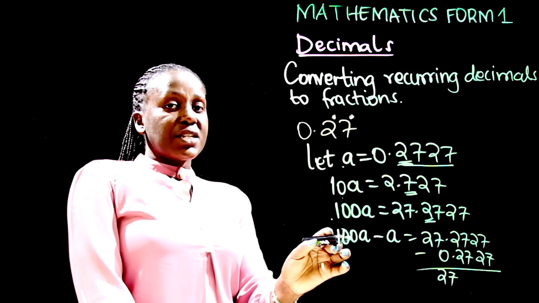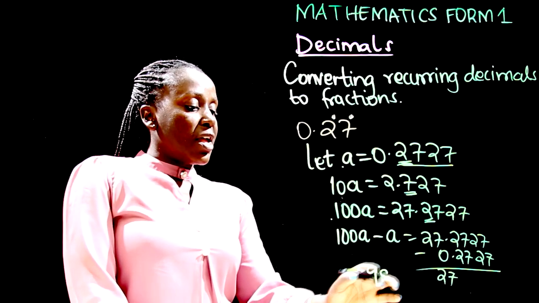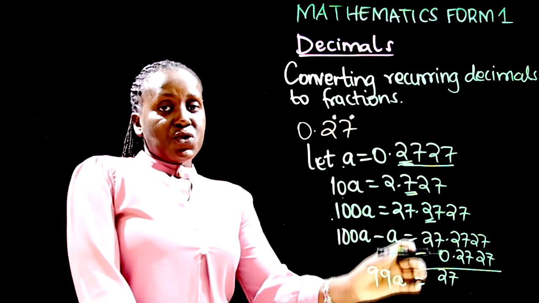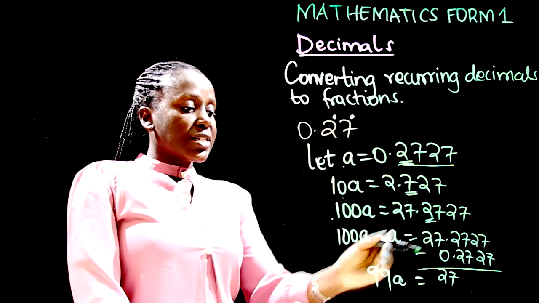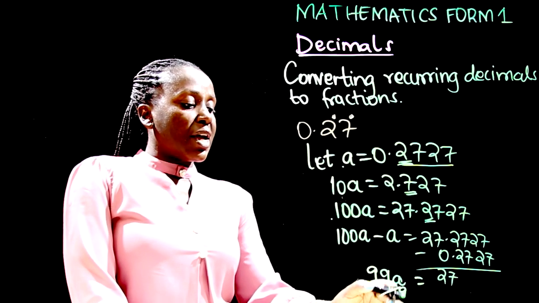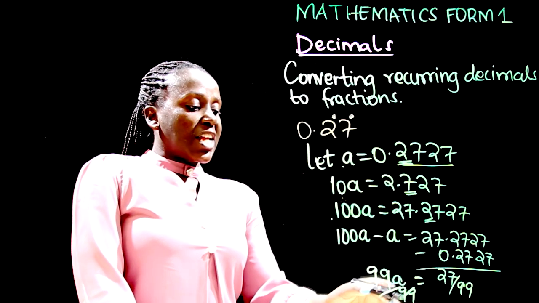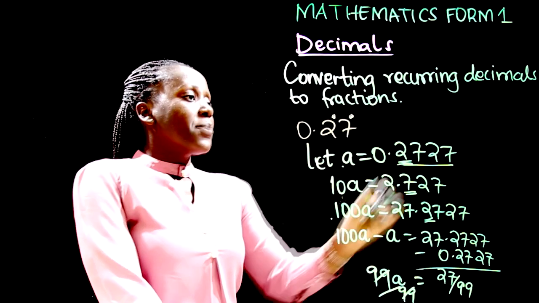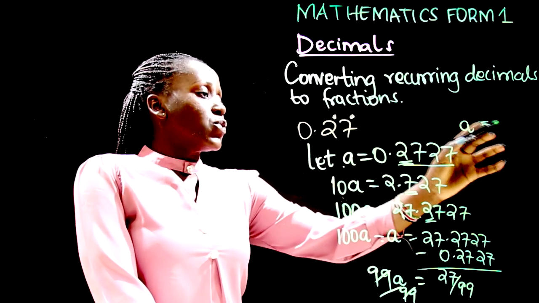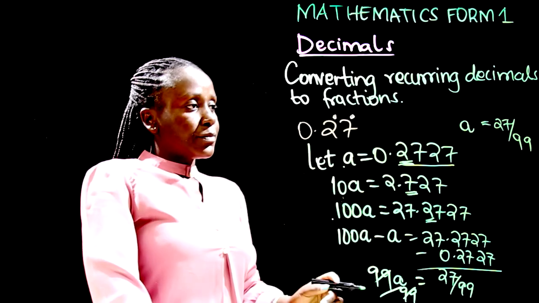Then 100 minus 1 is 99. So we have 99A, which is equal to 27. We are interested in getting the value of A. So we need to divide this side by 99, this side by 99. So the 99s will cancel each other. Then we have A being equal to 27 over 99.